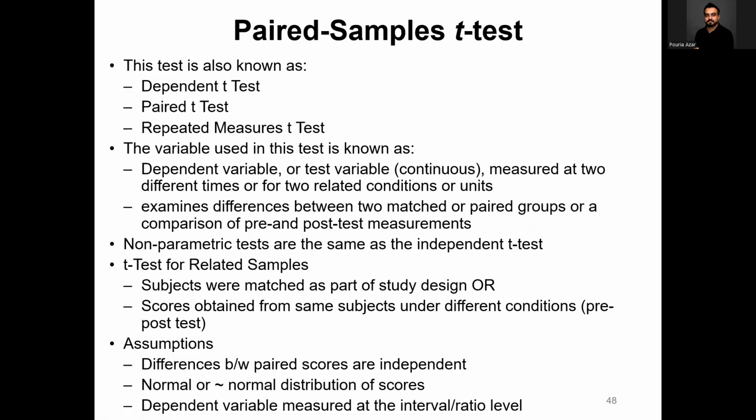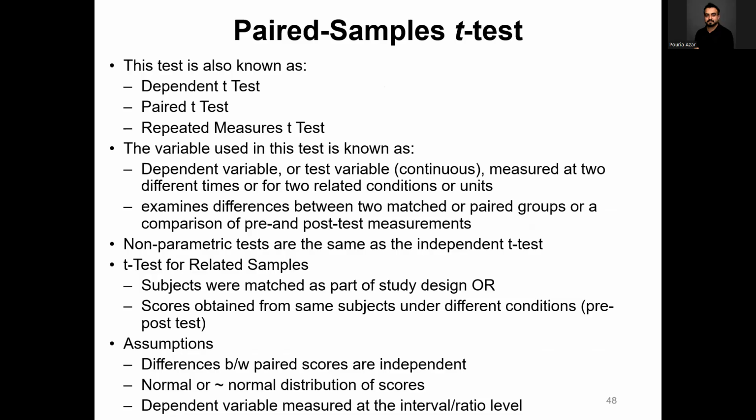The second type of t-test is the paired samples t-test. This is also known as the dependent test or repeated measures t-test. We have a dependent variable, or test variable, which is a continuous variable, just like the independent sample t-test.